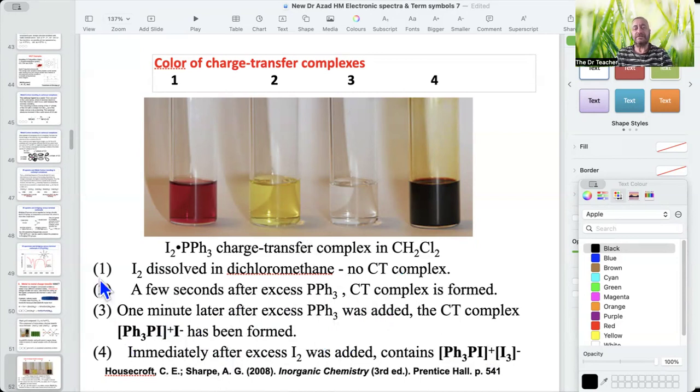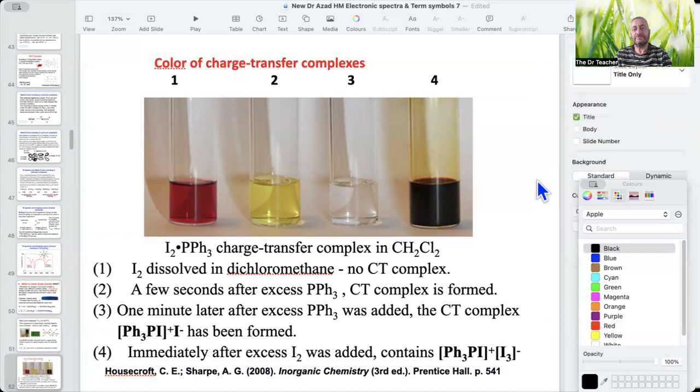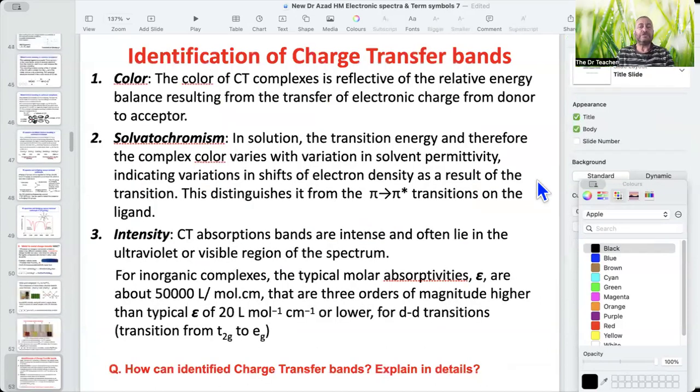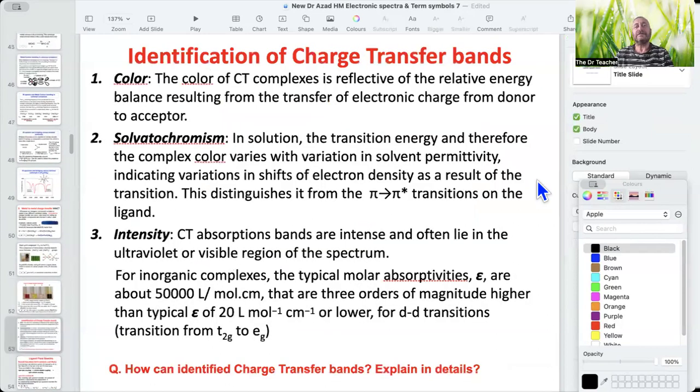So this has been obtained from Housecroft and Sharp. So identification of charge transfer: color, solvatochromism, intensity. If you see the color change, there is a charge transfer, and there is donor acceptor.